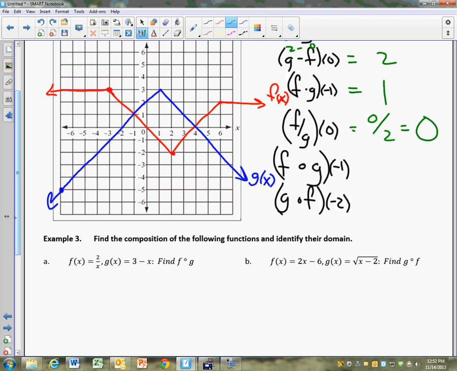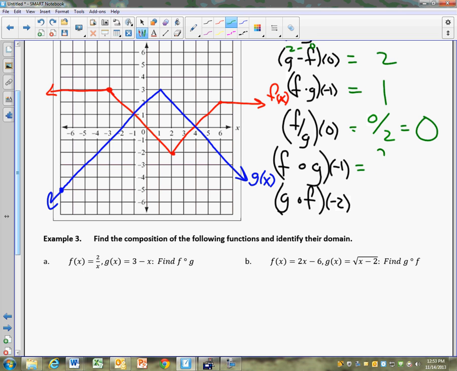All right. F divided by g of -1. I'm sorry, not divided. Composed. So, what do I plug the -1 into? G. So I take that -1 and I plug it into g. What do you get? 1.